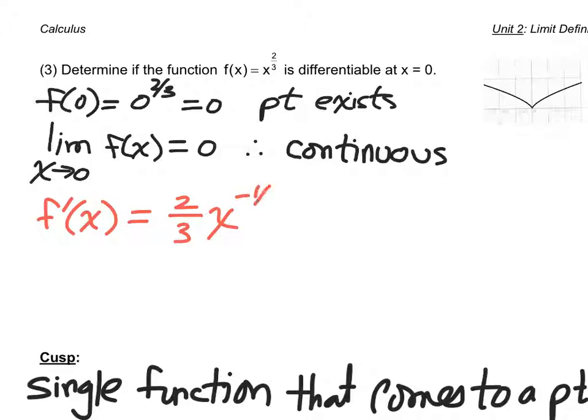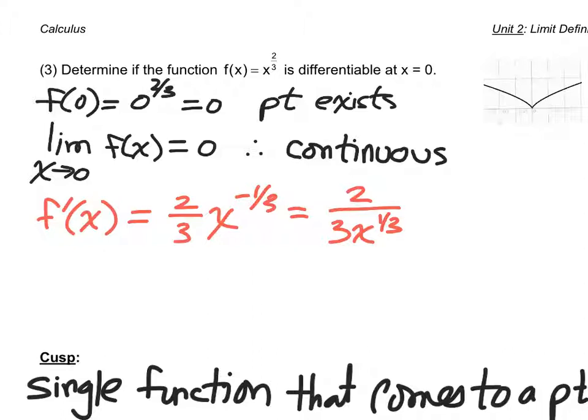So what's 2/3 minus 1? Negative 1/3. Now normally I would say don't bother simplifying, but in this case I think it's going to serve us a little better if I rewrite this as 2 over 3x to the 1/3 power. I'm just moving the x to the bottom of the fraction. I wanted to make it obvious that there is an instance for which the derivative will not exist.